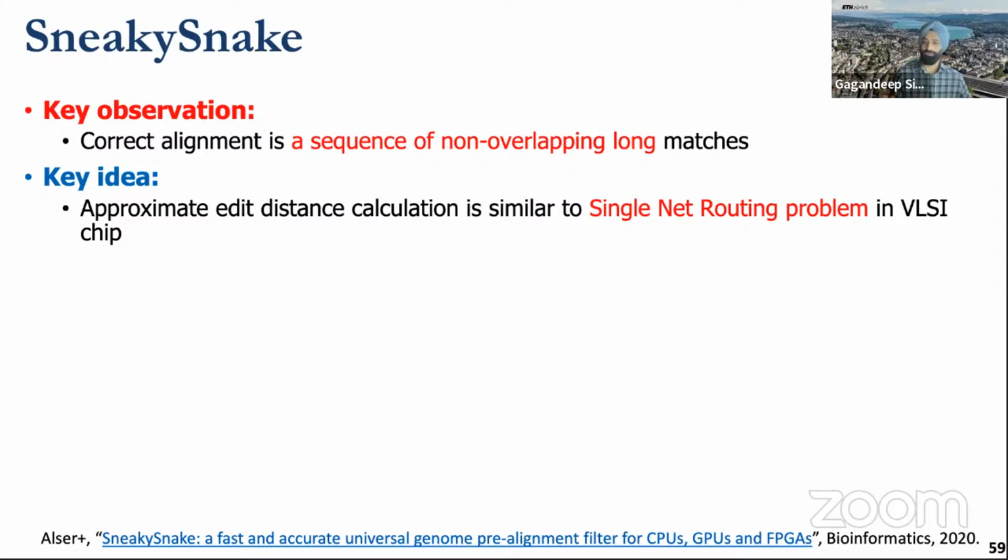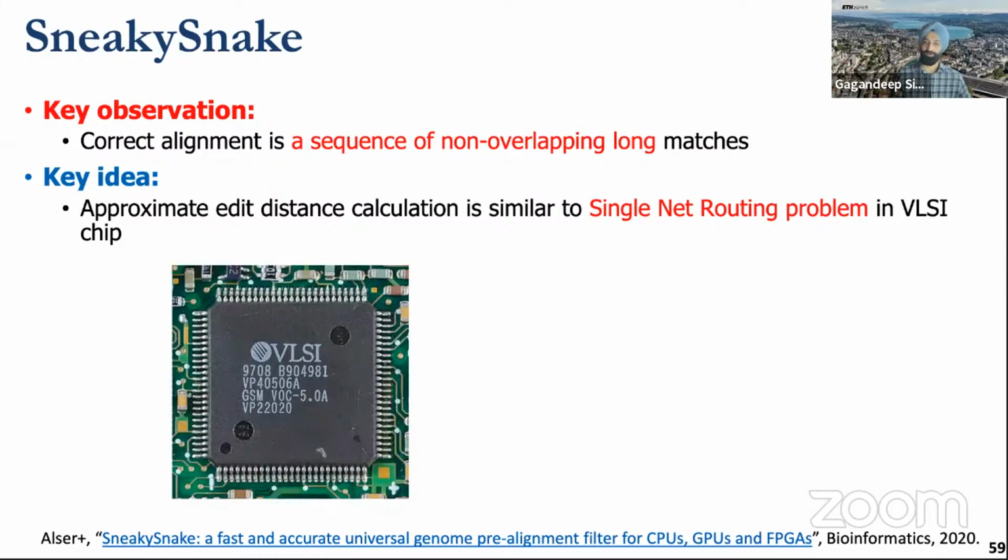The main observation of Sneaky Snake is that the correct alignment is a sequence of non-overlapping long matches. And the key idea of this algorithm was to use approximate edit distance calculation, which is quite similar to the single net routing problem in a VLSI chip.